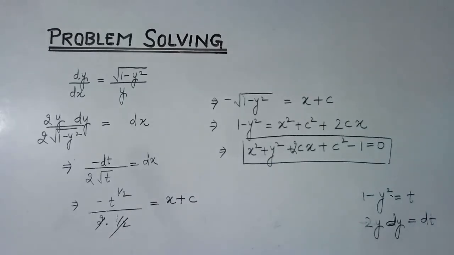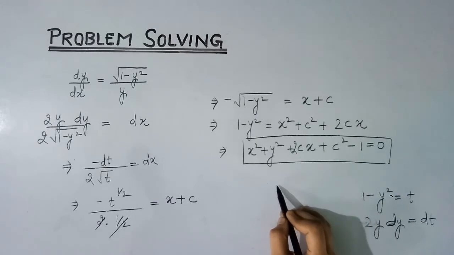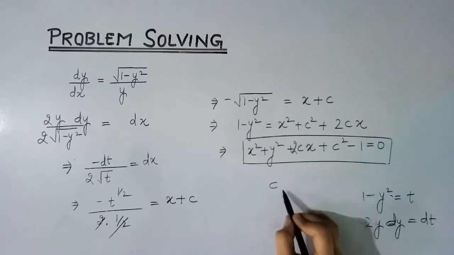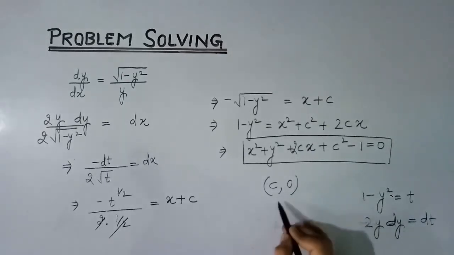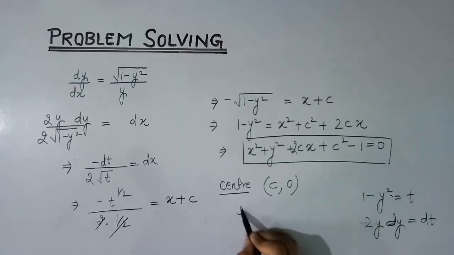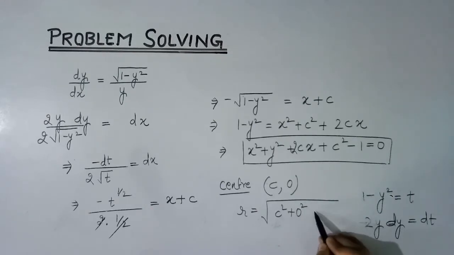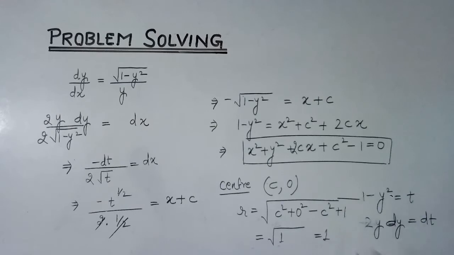We have to find which option is correct, and for that we have to find the radius and the center of the circle. And from here the center of the circle comes out to be C, 0, and this is the center, and the radius comes out to be the square root of C square plus 0 square minus the constant, that is, the radius is 1.